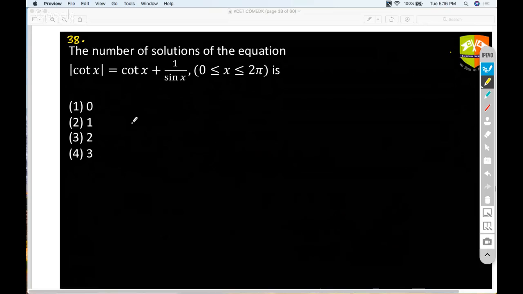Three solutions. Okay, so let's discuss this. Now, if I say my cot of x is positive, that means my x should lie either in the first quadrant or in the third quadrant, right?